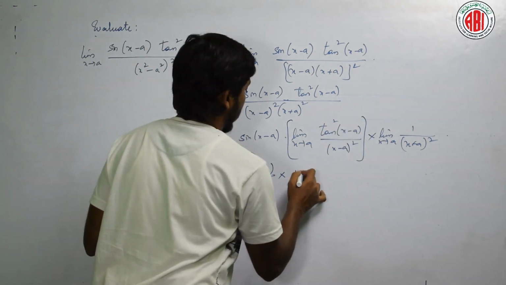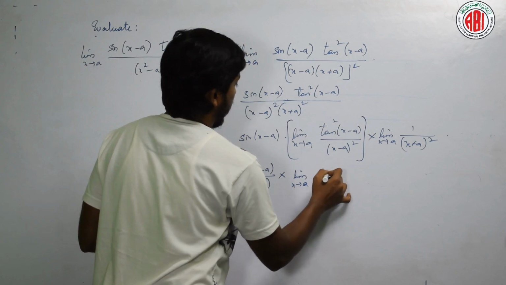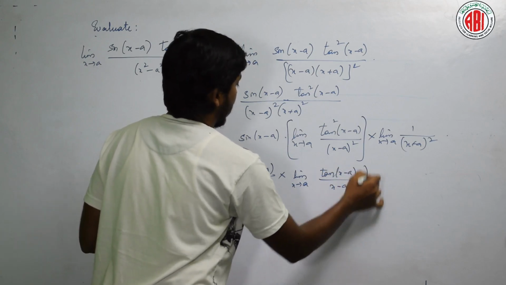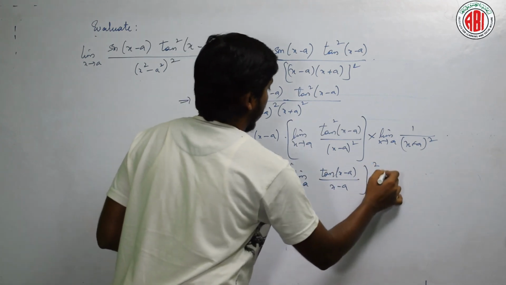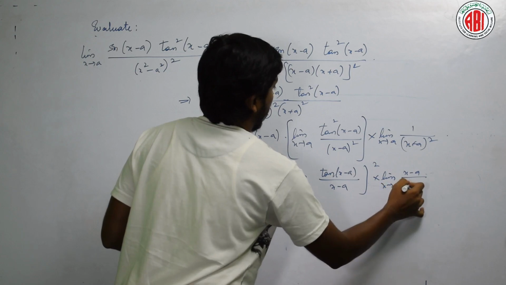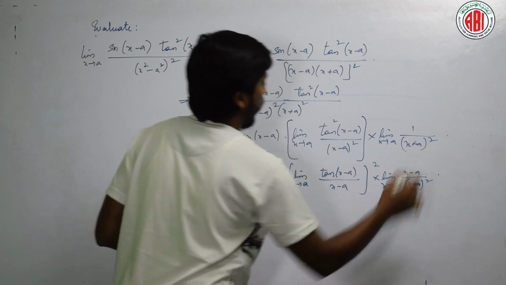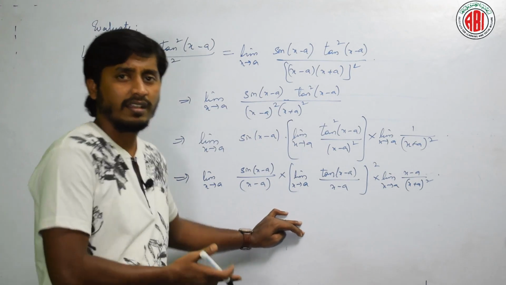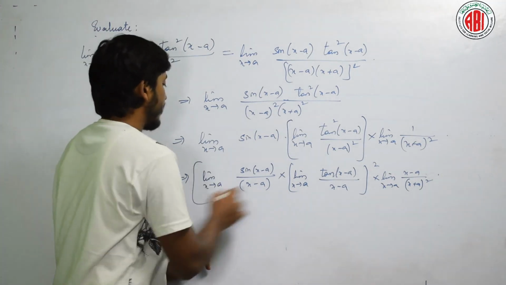This will become limit x tends to a, tan of x minus a by x minus a whole square into limit x minus a by x plus a whole square, right. Can we simplify anything more than this? No, right.